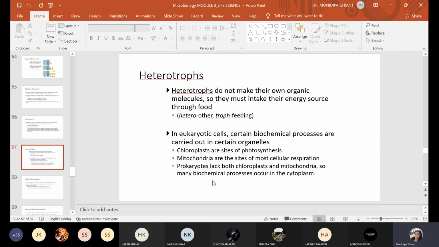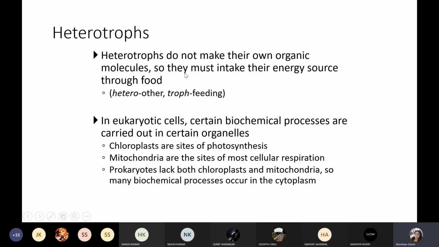Now heterotroph, we have already discussed last day: hetero means other, troph means feeding. We are talking about bacteria in these sections, so I am telling them bacteria, though we can talk about other organisms like heterotrophs too. Heterotrophic bacteria are not able to produce their own food. They are dependent on others.